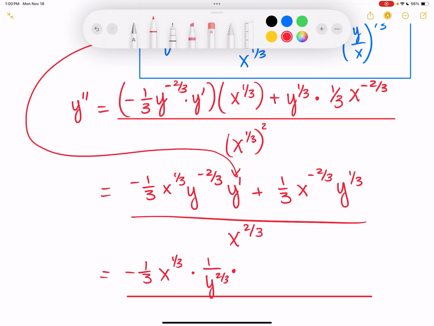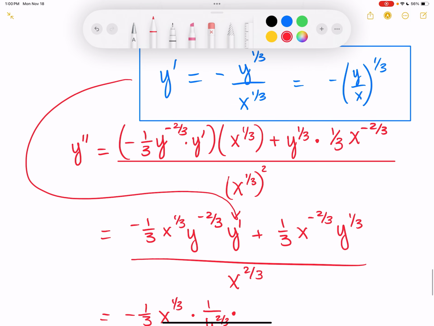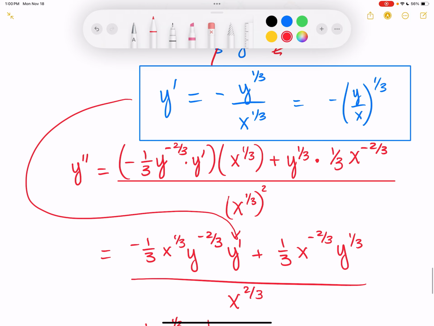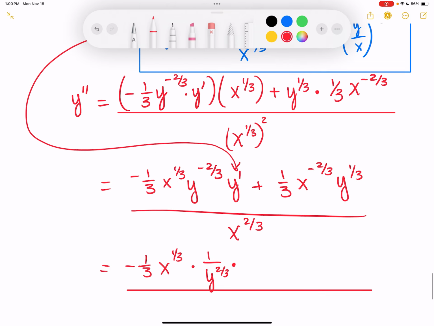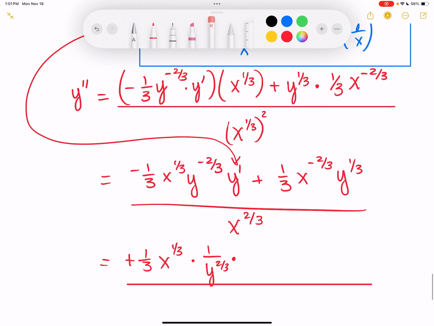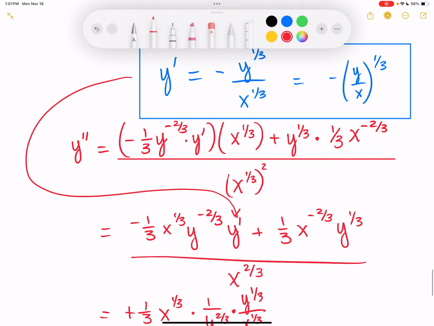Times, I'm rewriting y prime as, okay, look, this is negative. I'm going to make it positive, but I'm still going to write it as negative. I'm just trying to not have to write another step. So then y to the 1/3 over x to the 1/3.